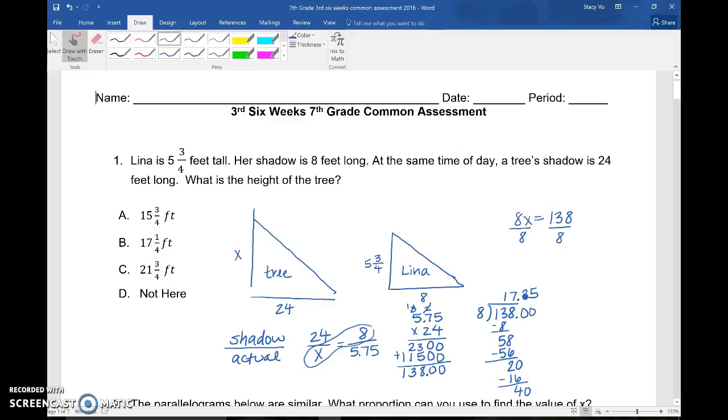So 17.25. And 25, that's like 1/4. So 17 1/4. If you didn't know that, you could put your 0.25 and know it's in the hundredths place. So 25 over 100. And then divide the top and the bottom by 25. And you would get 1/4 as well. So my answer here was B.